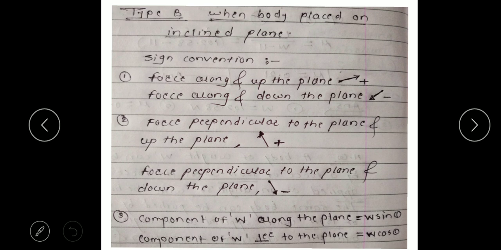The same way here also we need to consider the sign convention for the inclined plane, at the time of solving the numerical. So type B means when the body is placed on the inclined plane.